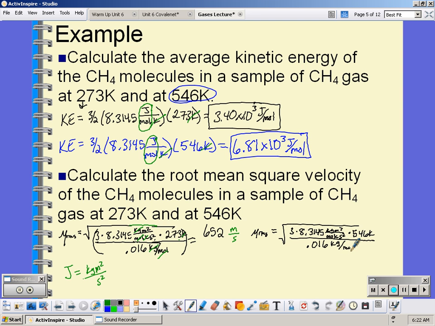Our units, kilograms would cancel, mole would cancel, Kelvin would cancel, and our square root on the meters and second would go away because we're taking the square root. So plug all that into your calculator and you should have 921 meters per second.